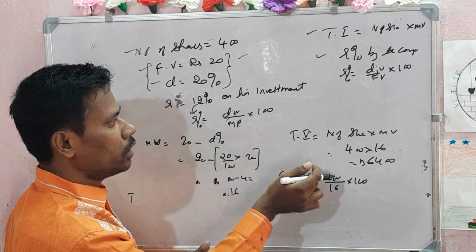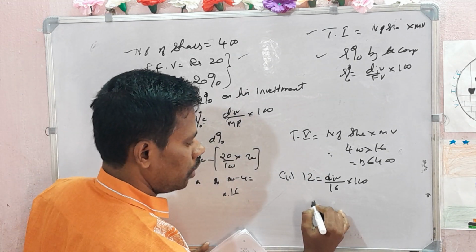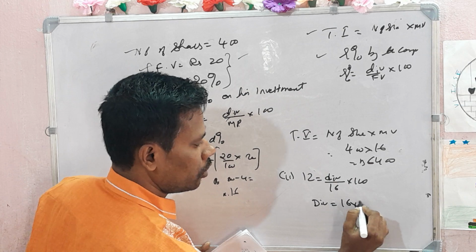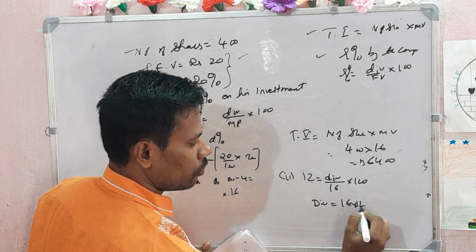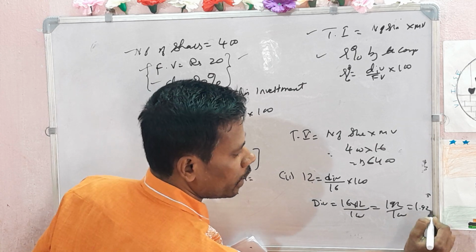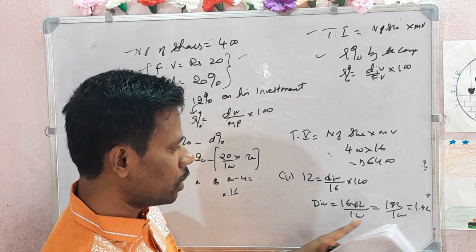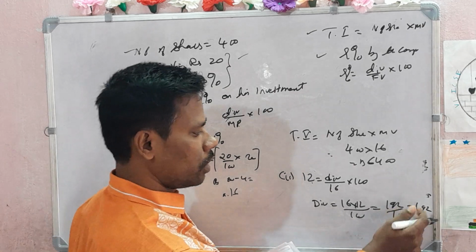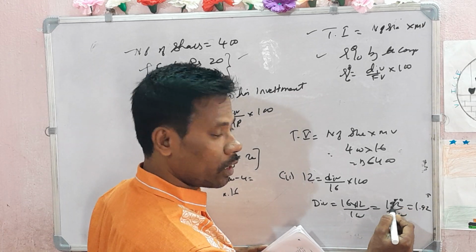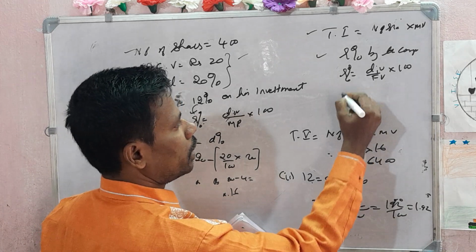So dividend is equal to 16 into 12 by 100, that is 192 by 100. Two zeros are there, so the point will come here: 1.92 is the dividend.